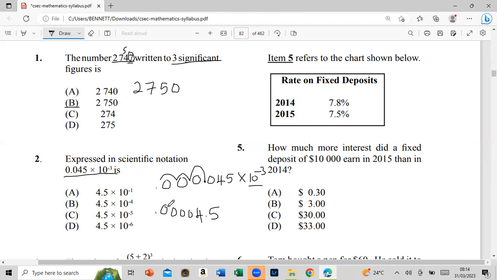It will be 1, 2, 3, 4, 5. So it will be 4.5 times 10 to the number of places that we move. But it will be negative to show that way. So it will be 4.5 times that. Very nice question, that one. I appreciate that one.